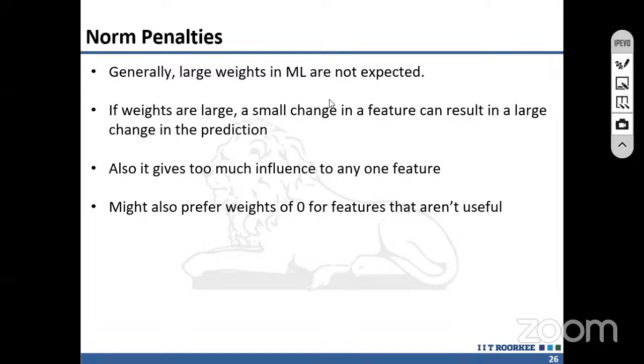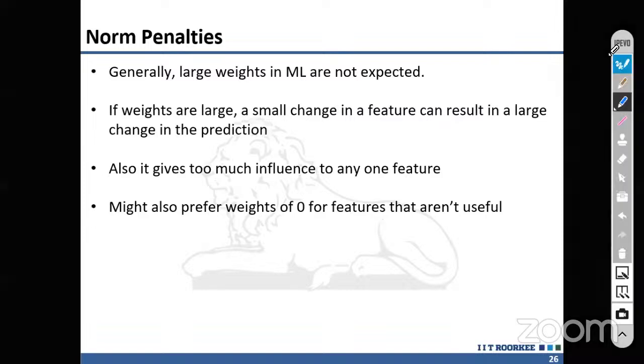Norm penalties. Norm is when we have a large number of weights. For example, you are considering lots of weights, W1 to W100. Several weights are there, many weights are there.